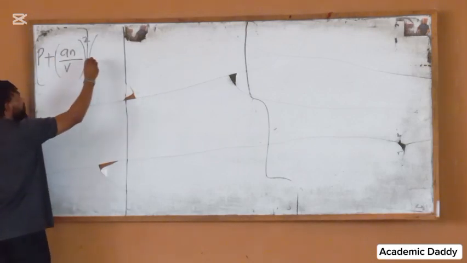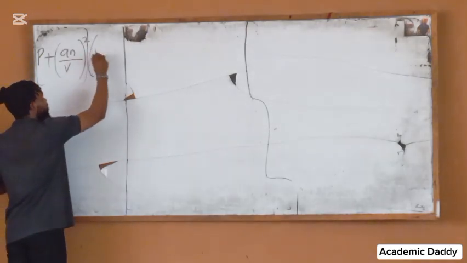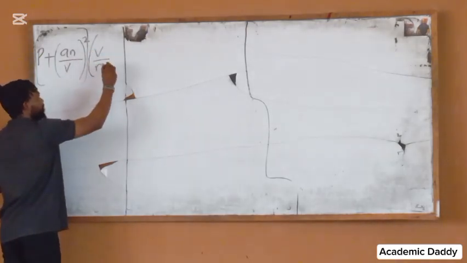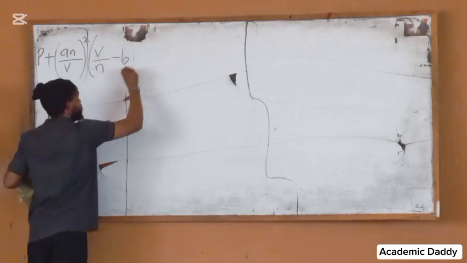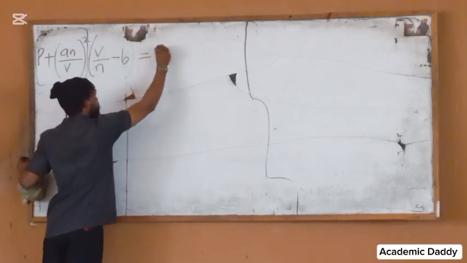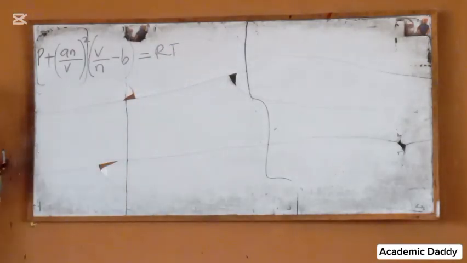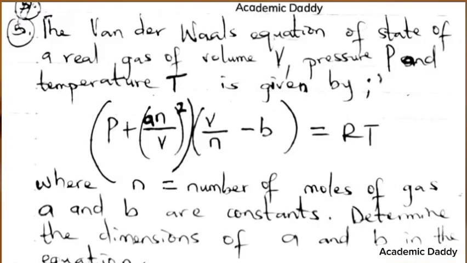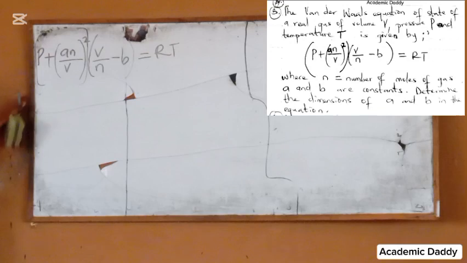V over N, minus B, equals RT. Like this. Tell me, continue now. Is that all? Okay.